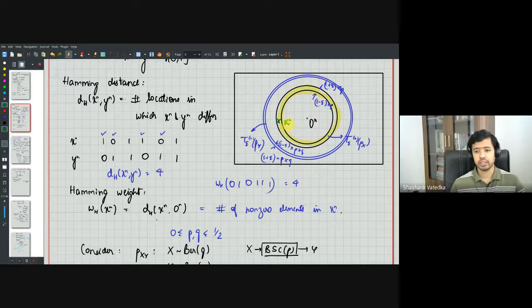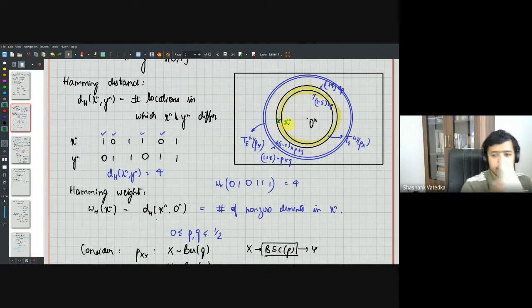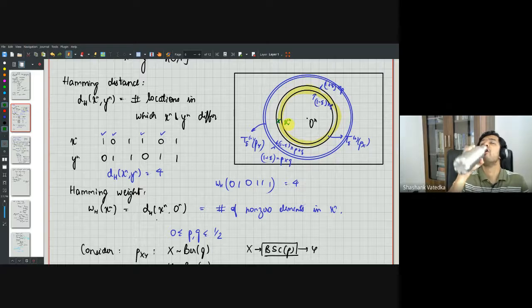Now conditioned on xn, what do you expect the Hamming distance between xn and yn to be? Remember that yn is obtained by passing xn through a BSC(p). So you're flipping each xi with probability p. What do you expect the Hamming distance between xn and yn to be?